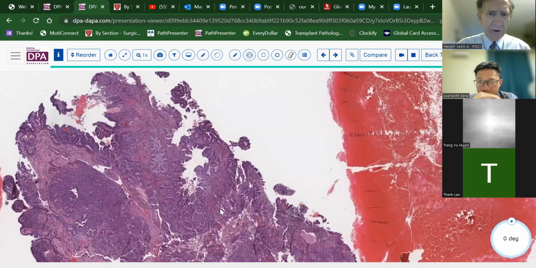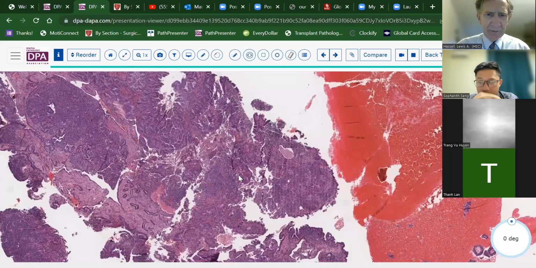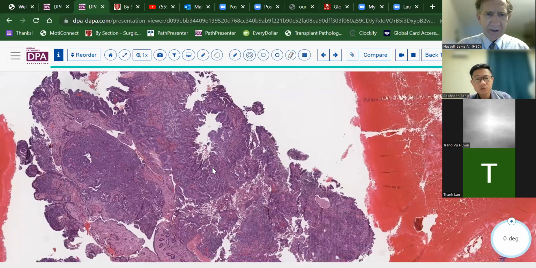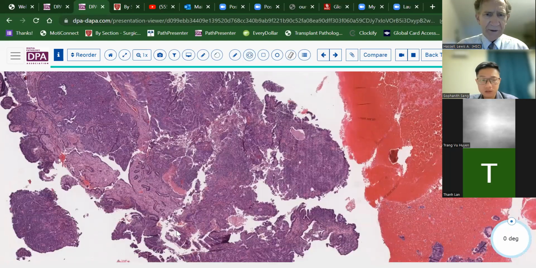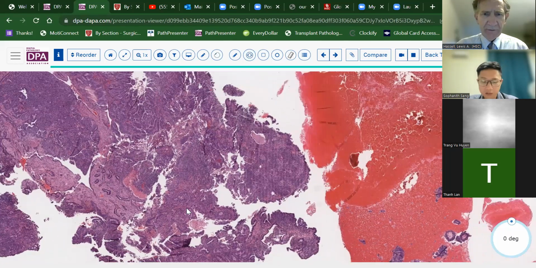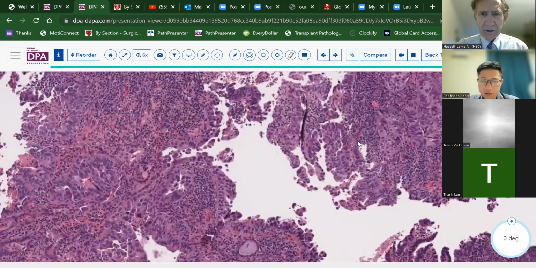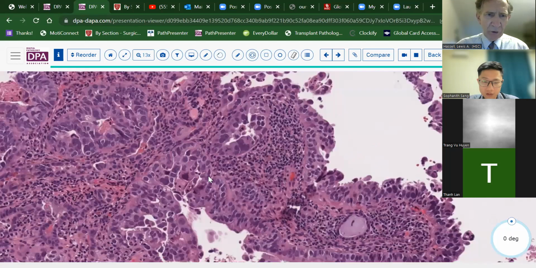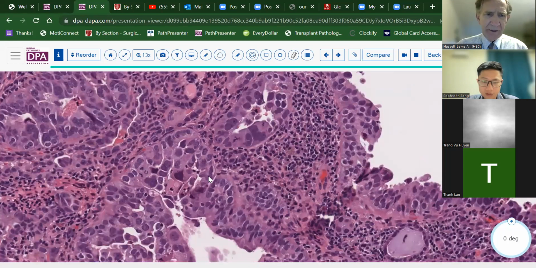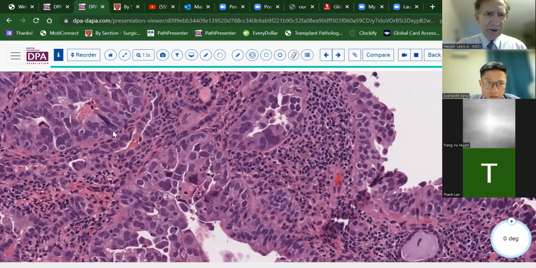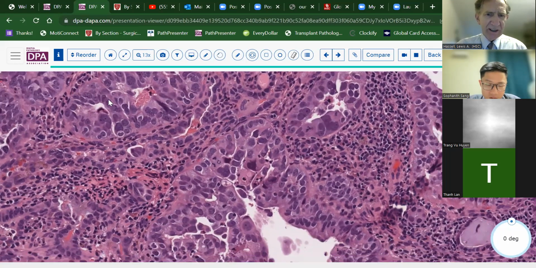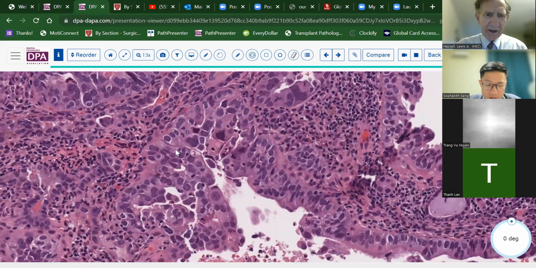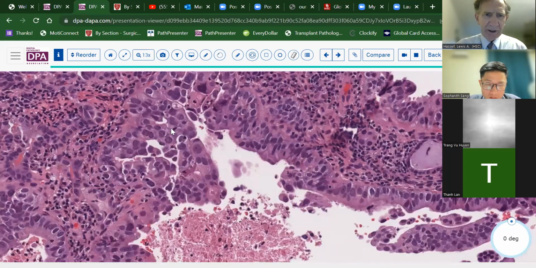So let's look at some other areas of this lesion and see if we can get a better idea as to what we're looking at. Here, I think maybe we would begin to lean more towards serous carcinoma. First off, we see the very high-grade nuclear features, and we're seeing more of these slit-like spaces and disoriented jumbling of nuclei.